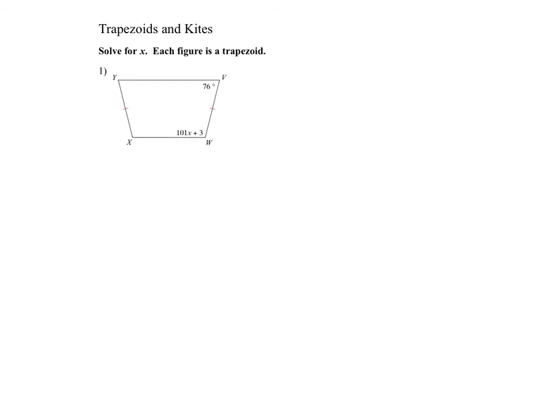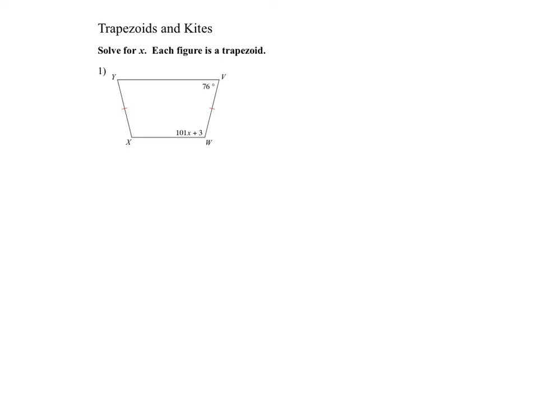Let's see some exercises. I want to solve for x in each trapezoid. I know that this is an isosceles trapezoid, and two consecutive angles that are not base angles are supplementary.